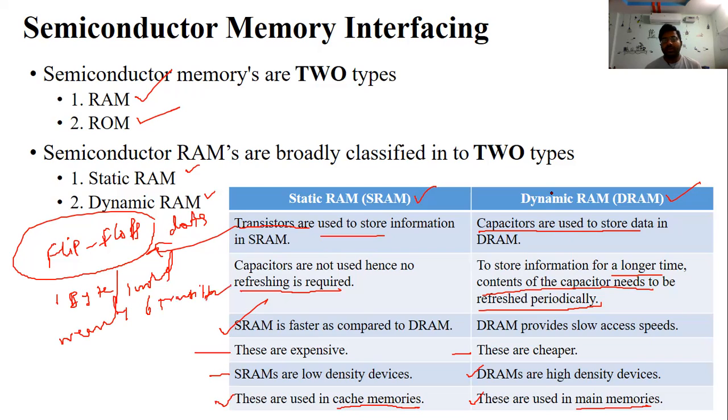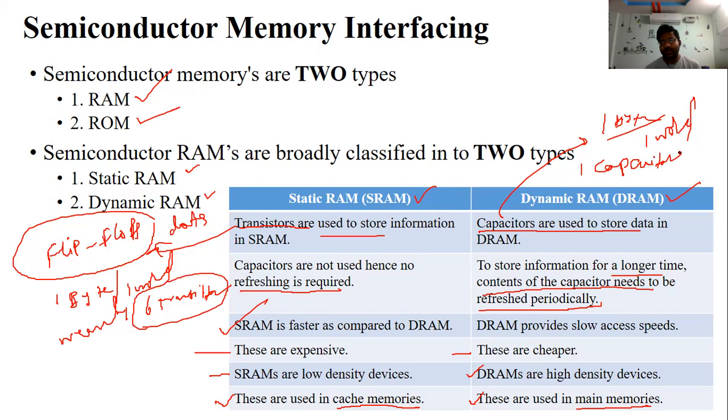But in DRAM, for storing 1 byte or 1 code, you require only one capacitor. This shows the cost. Instead of 6 transistors, you are using only one capacitor. So that is why static RAM is costly when compared to dynamic RAM.